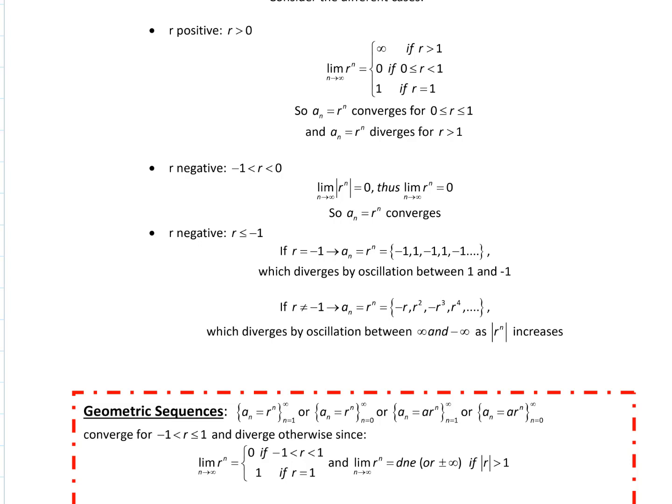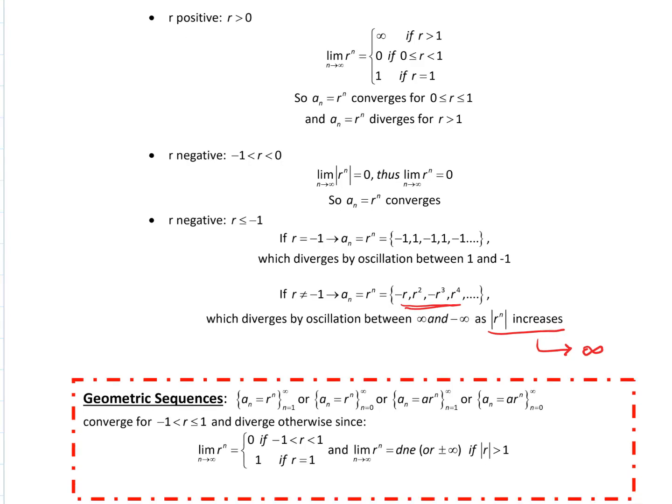And if r does not equal -1, but is less than -1, then we're going to be oscillating, but oscillating in such a way that we approach positive and negative infinity by the terms, depending on if we're looking at the even or the odd terms, because r sub n in absolute value is going to increase without bound. So as r sub n increases without bound, this guy is going to approach infinity, and then the negative makes it oscillate. -1 to the nth power makes it oscillate.